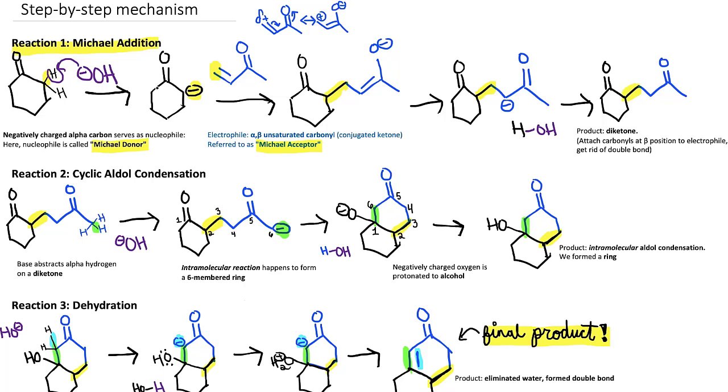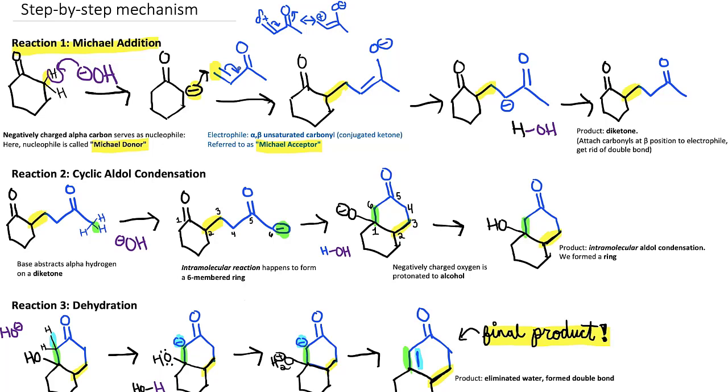So what will happen in Michael addition is our lone pair of electrons from our nucleophile is going to come and form a bond with the electrophilic carbon of our electrophile. And now this carbon is going to have too many bonds, so we're going to have to resonate the pi electrons.